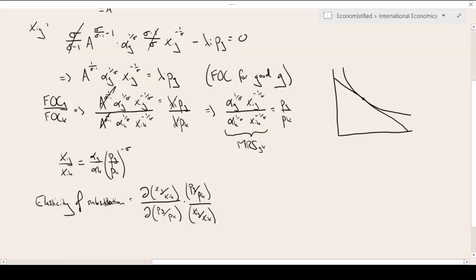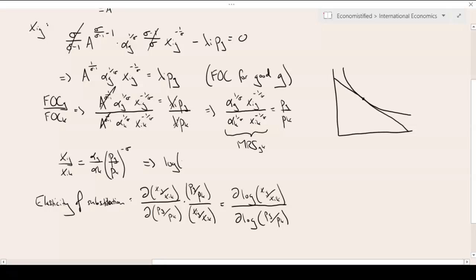Now, of course, you probably remember that the elasticity can also be written as the derivative of the log of, in this case, relative demand with respect to the log of prices. So the derivative of log xig over xik with respect to the log of pg over pk. And that's a very easy thing to calculate. We can do that very simply, take logs of both sides.